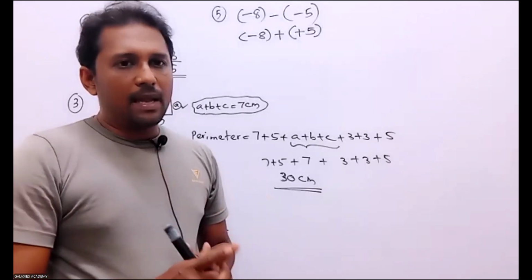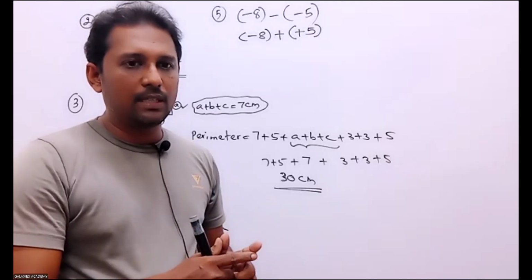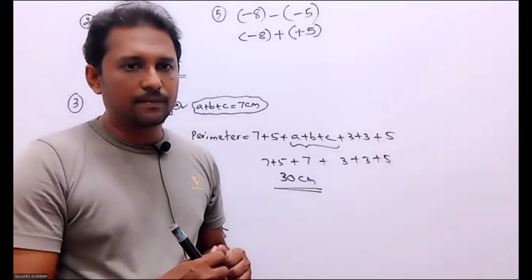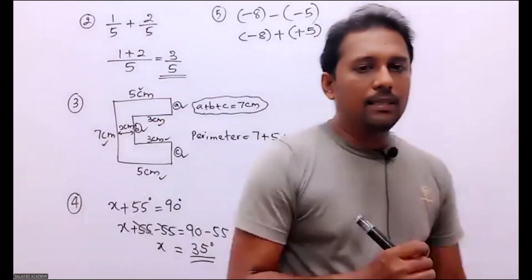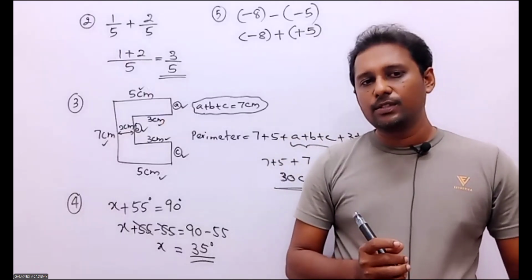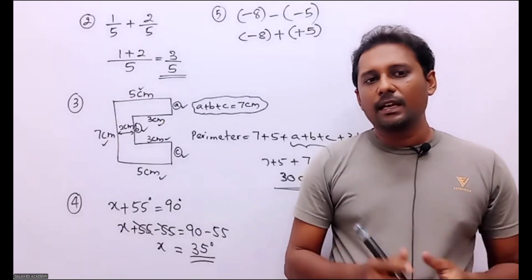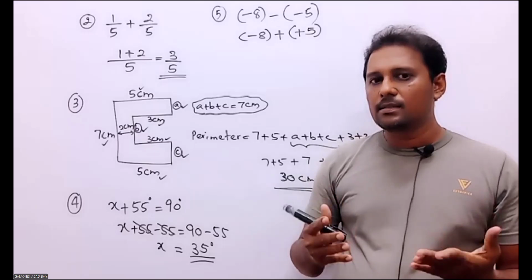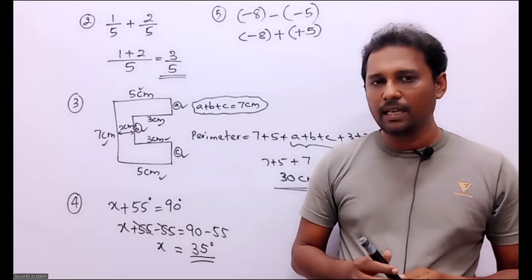How can you get the magnitude? You have to add the two magnitudes of the given directed numbers, right? And also, if you want to add directed numbers with different signs, the answer sign should be the sign of the larger magnitude, and we can get the answer magnitude by subtracting the two magnitudes of the given directed numbers.